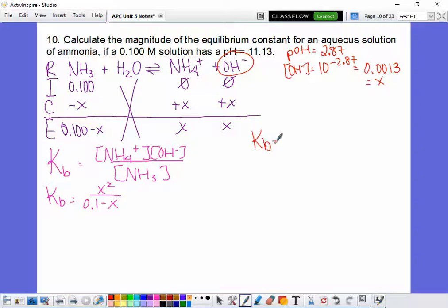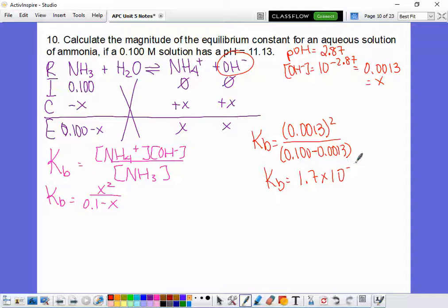So Kb equals 0.0013 squared over 0.100 minus 0.0013. Cool? Go ahead and calculate that. And what do you get? 1.7 times 10 to the negative 5. Got it?